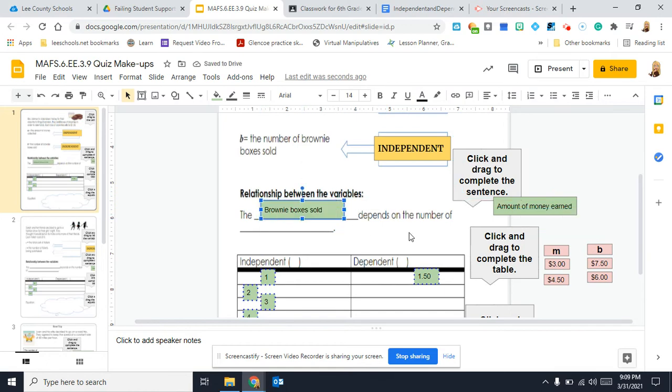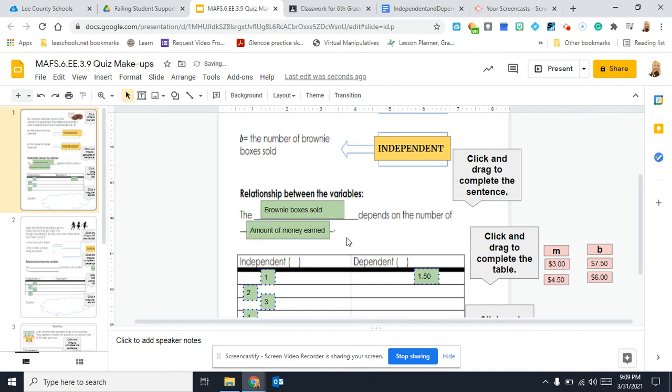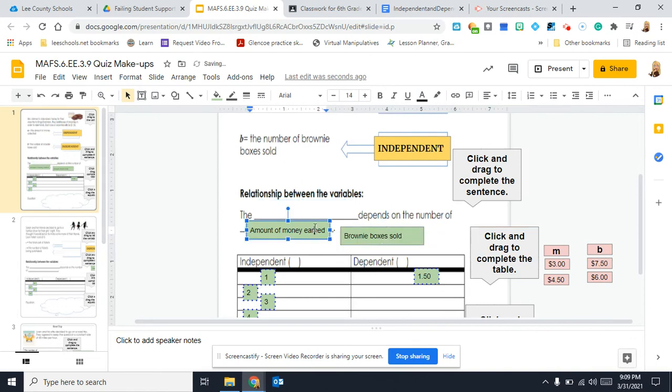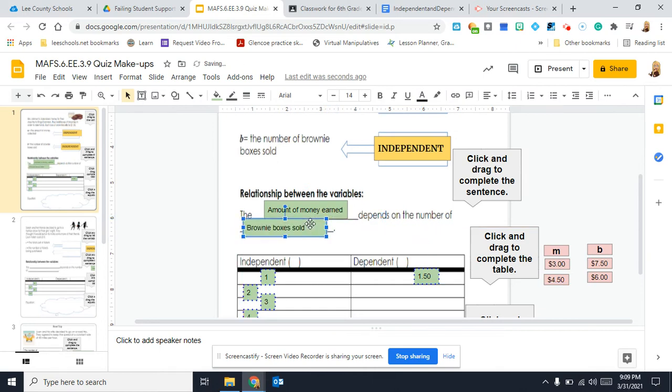The brownie boxes sold depends on the number of, let's drag this over here, amount of money earned. Does that make sense? Does the brownie boxes sold depend on the money? No, that doesn't make sense. I gotta switch it up. The amount of money earned depends on the number of brownie boxes sold. Remember we said you sell a lot, you make a lot. You don't sell a lot, you don't make a lot.